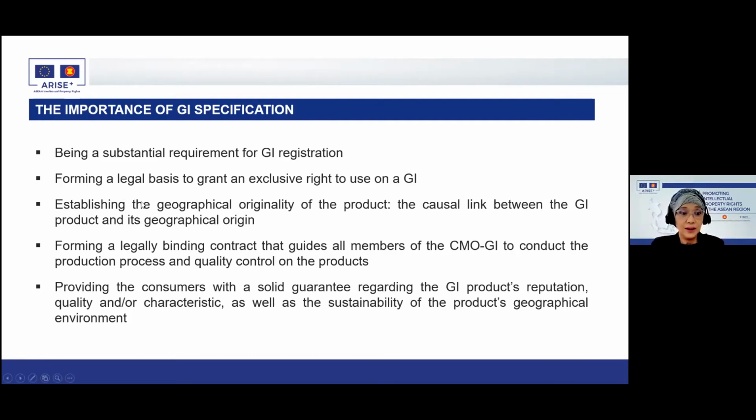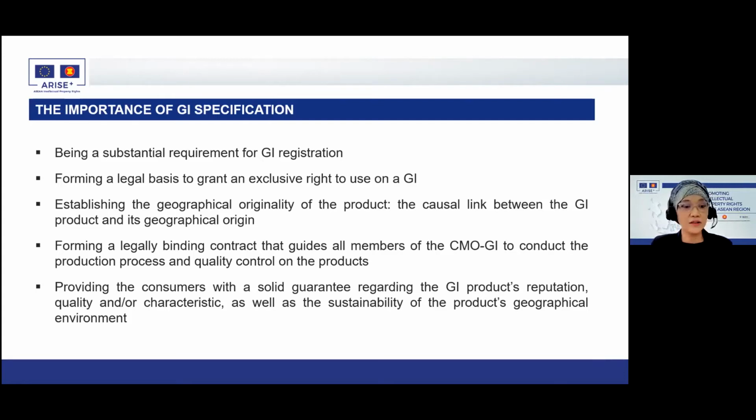It also establishes the geographical originality of the product. That is the most important thing in a GI specification. It is the causal link, the cause and effect link, between the product and its geographical origin.